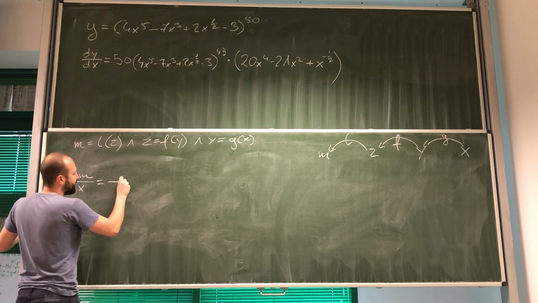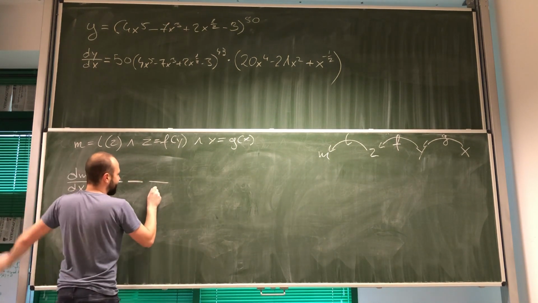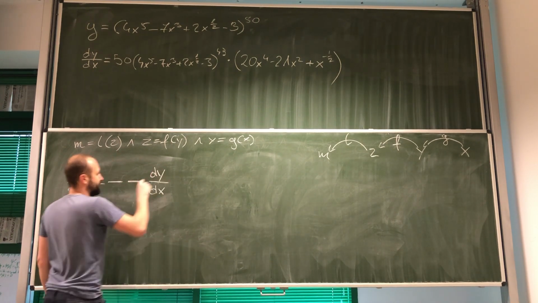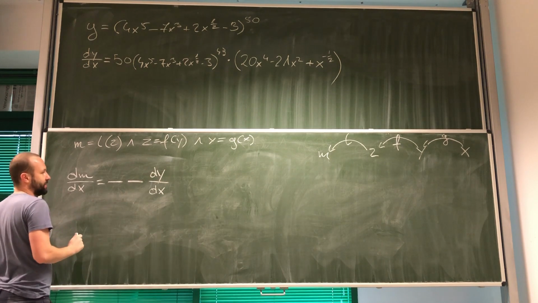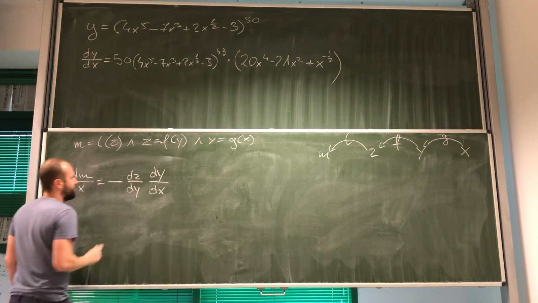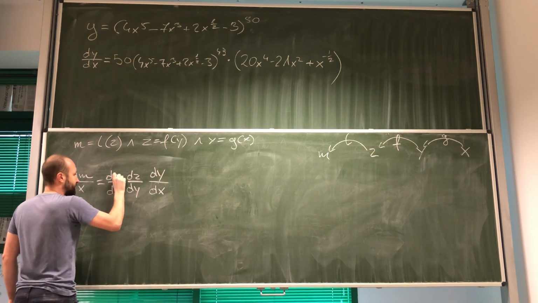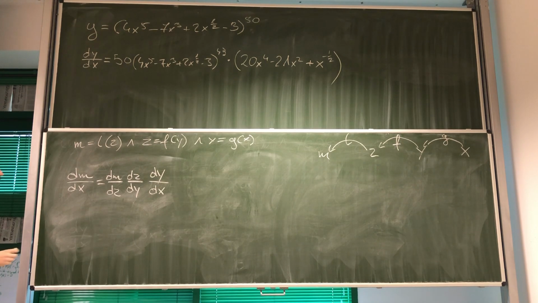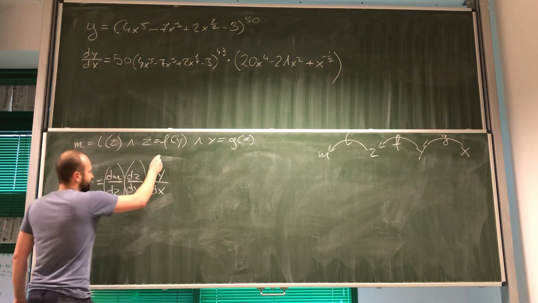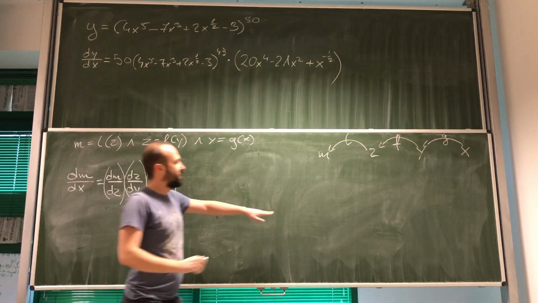Okay, and let's start actually from the back. Look, if x changes by a small amount, y changes by a small amount. If y changes by a small amount, z changes by a small amount. If z changes by a small amount, then m changes by a small amount. So what we need to do over here is simply to calculate 3 consecutive derivatives.